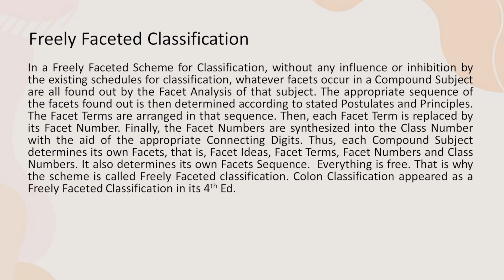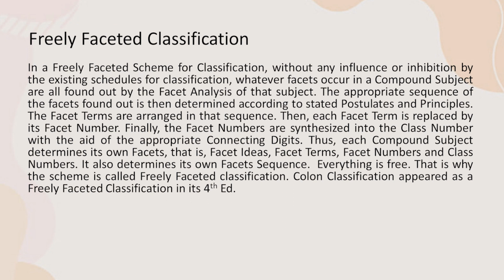In a freely faceted scheme for classification, without any influence or inhibition by the existing schedules for classification, whatever facets occur in a compound subject are all found out by the facet analysis of that subject.